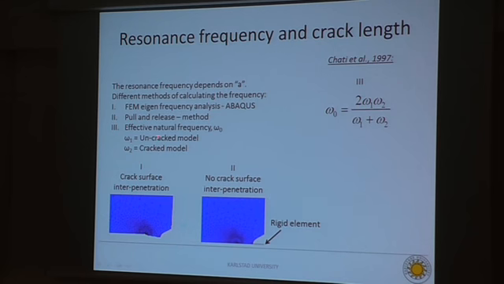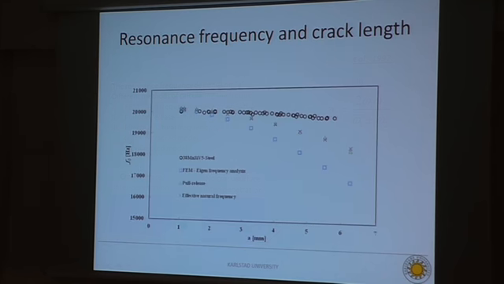With the help of this equation, we can calculate the effective natural frequency for all crack lengths, and the result from that agrees almost perfectly with the pull and release results. What that says is that these two methods actually confirm each other, and we can trust them somehow. But still, there is something missing compared to the experimental results.